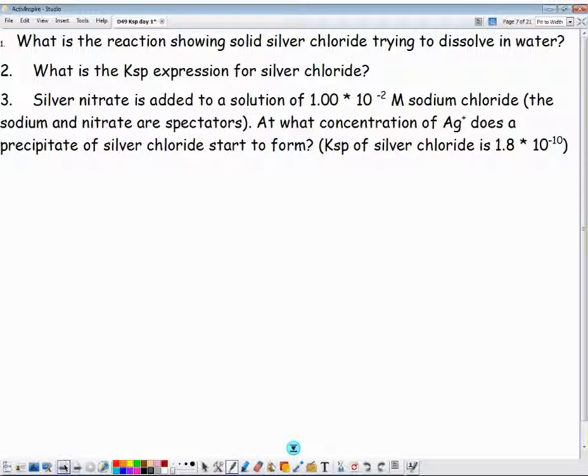It says, at what concentration of silver does a precipitate of silver chloride just start to form? There's another way of saying it's at equilibrium. That means it's reached its equilibrium spot. That verbiage is what that means.